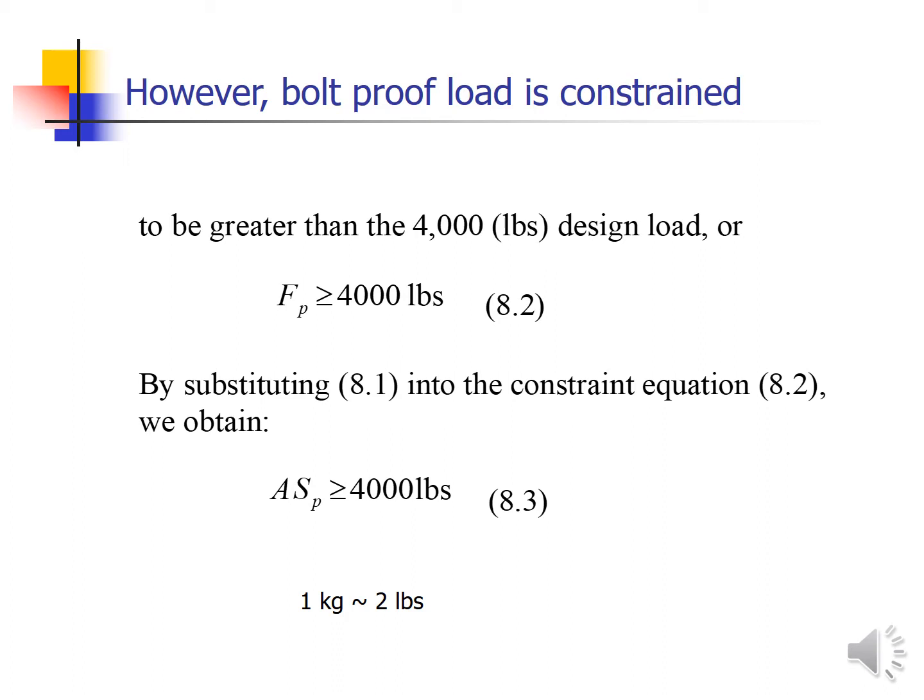Then we substitute the formula: F more than 4,000, and A times S more than 4,000 pound. 4,000 pound is about 2 kilo, 2,000, yes, 1 kilo is about 2.2 pound.